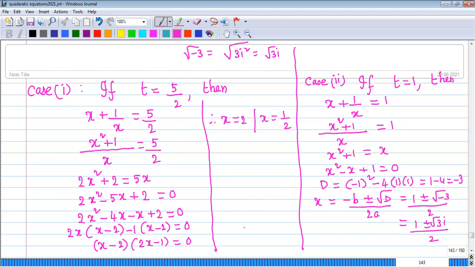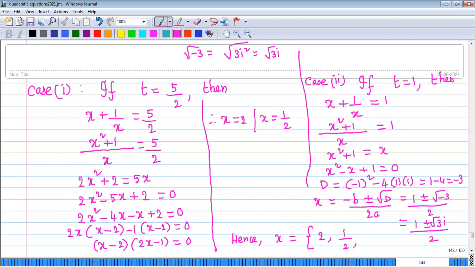Hence we can now write the answers: x is equal to 2, 1 by 2, (1 ± √3 i)/2. So these are the solutions of the given equation.